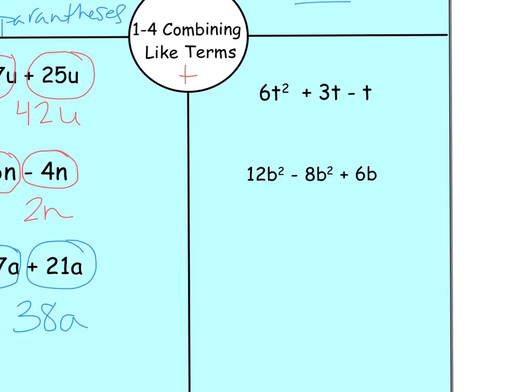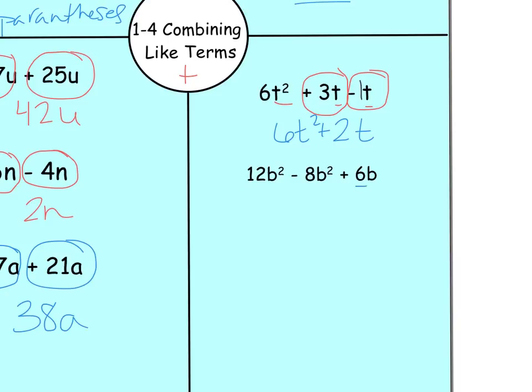So I can't combine all of these together because this is to the second power and these are to the first. So the only ones that are alike are 3t and negative t. I assume that there's a 1 there, and so I combine those, 3 plus negative 1, which is 2, and then rewrite with the squared term. So that's simplified because there's no like terms and no parentheses.